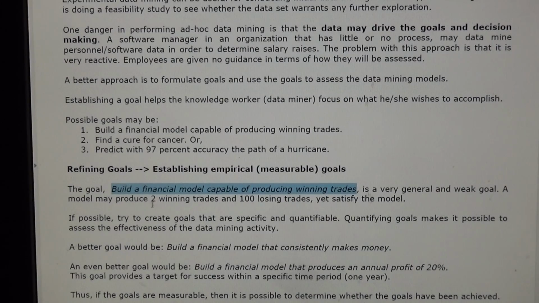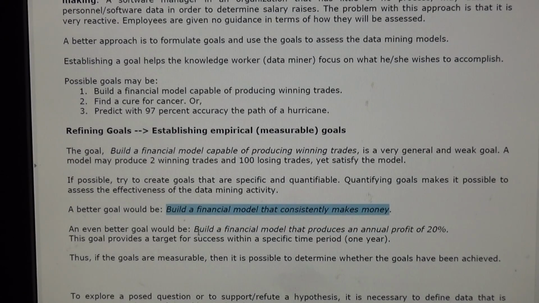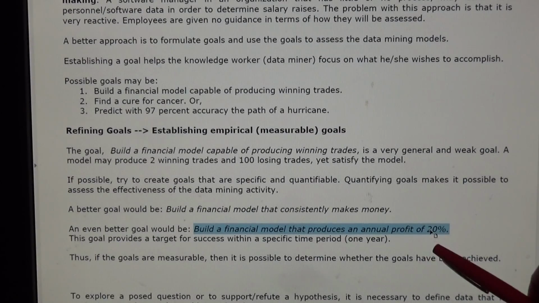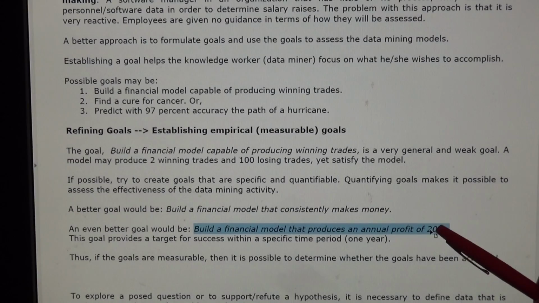Now, if I said something produces 2 winning trades and 100 losing trades, that's not very good. So we might say build a financial model that consistently makes money. Well, that's an improvement, but then we want to say something like build a financial model that produces an annual profit of 20%. Now we've got a very specific goal in mind, empirical goal, and we can look a year later whether we've attained that goal or not.